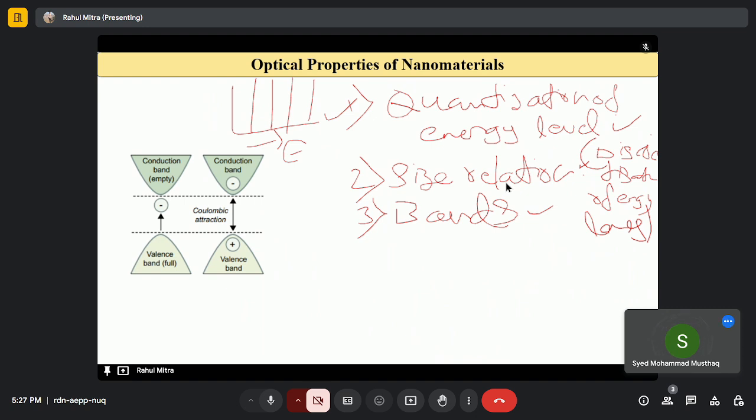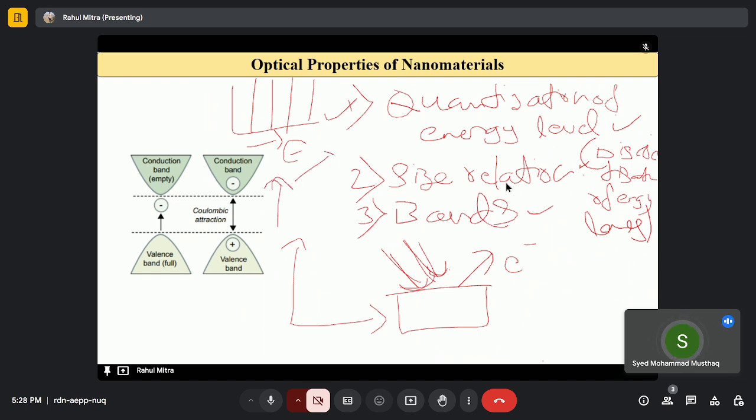In Einstein's theory, the photoelectric theory, when radiation falls on a material, it emits electrons, right? Classically, this was explained by Einstein. So if some radiation falls on the material, that radiation is absorbed by the electrons, and the electrons may either shift into the conduction band, or they may even come out of the material.